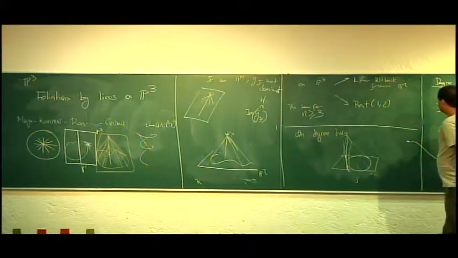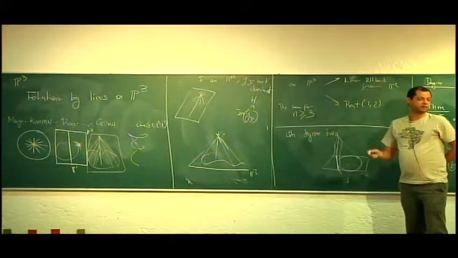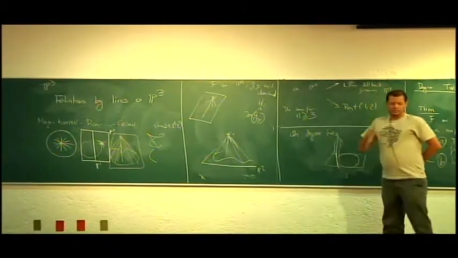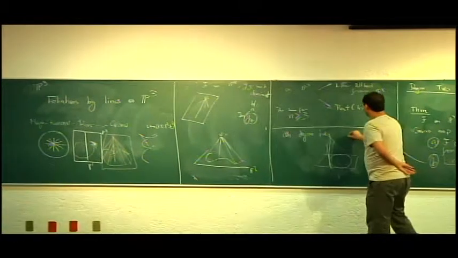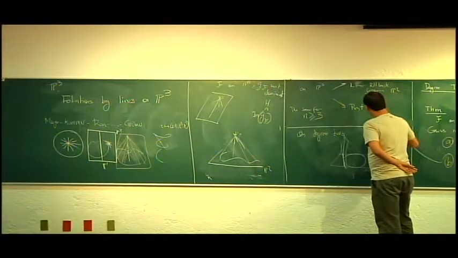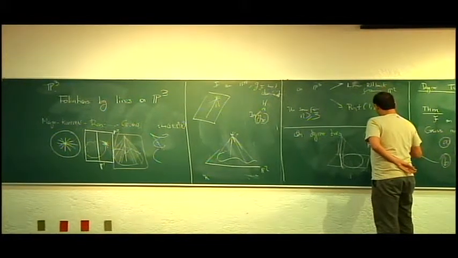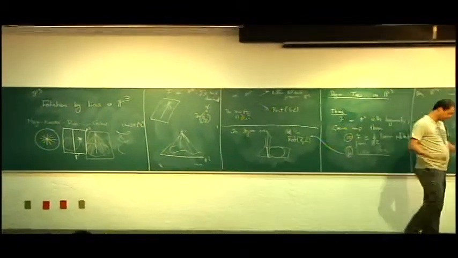So we can deform this to obtain something that is just a generic pencil of quadrics. So this can be deformed. This lies in the irreducible component given by pencils of quadrics.